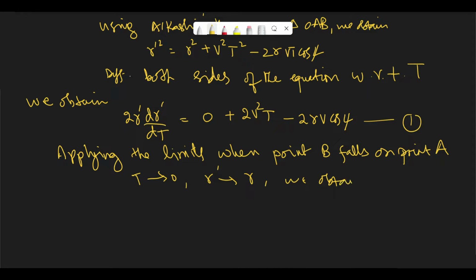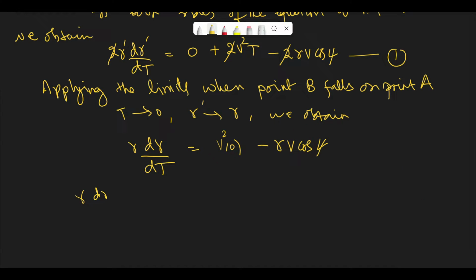We obtain r dr over dt is equal to minus rv cos phi.